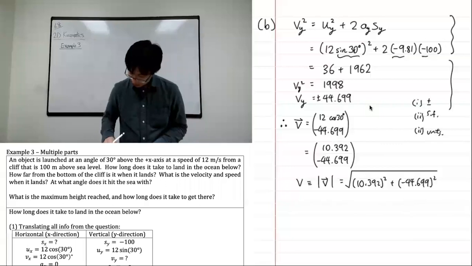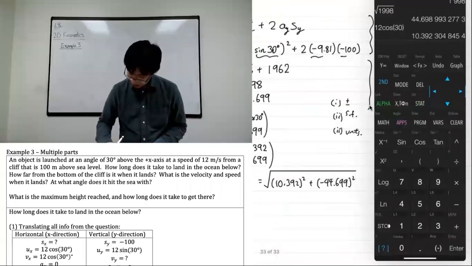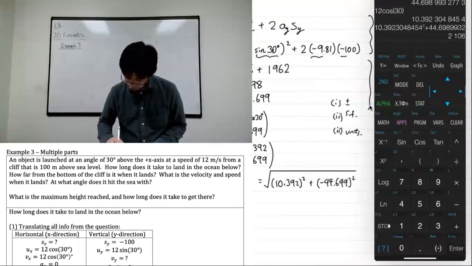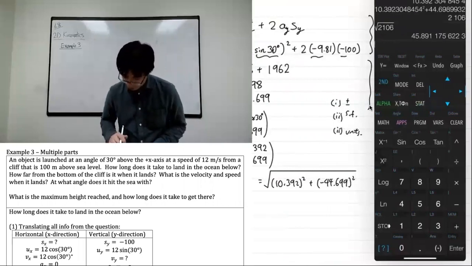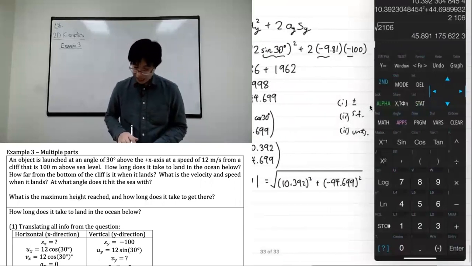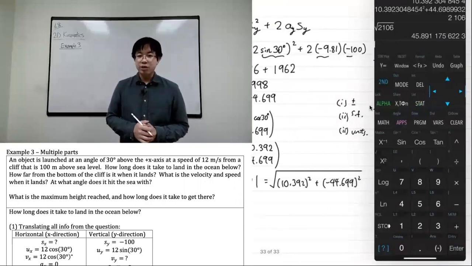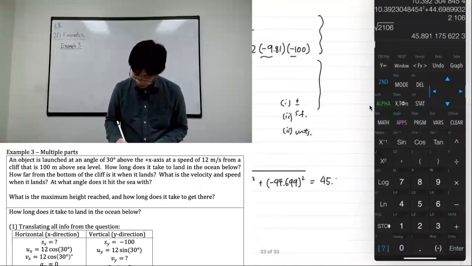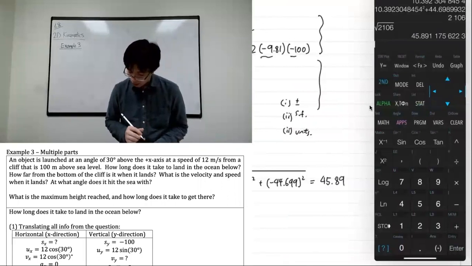Okay, so we have that squared plus that squared and square root. Now, do I need plus or minus over here? Well, no, because it's a magnitude. So magnitude is always positive. So that's fine. So we have 45.891. We'll go with that.